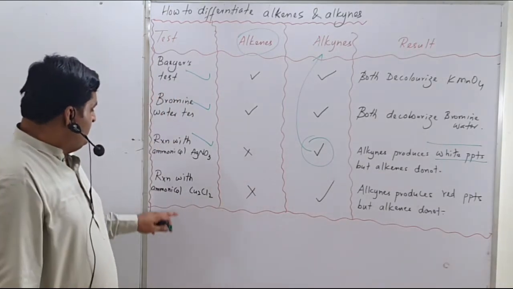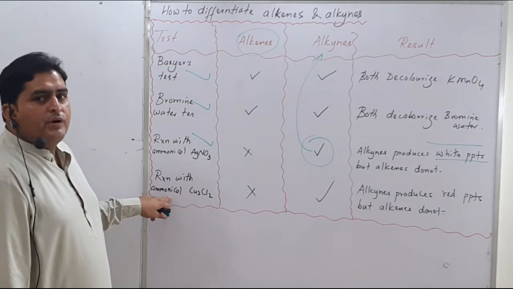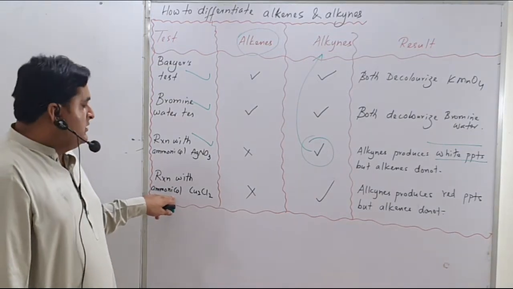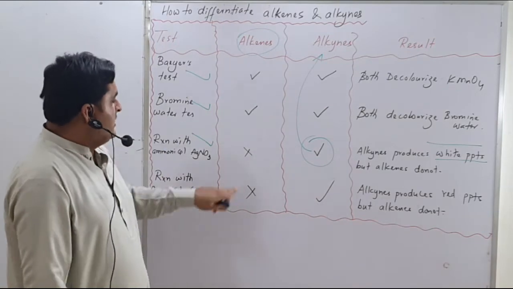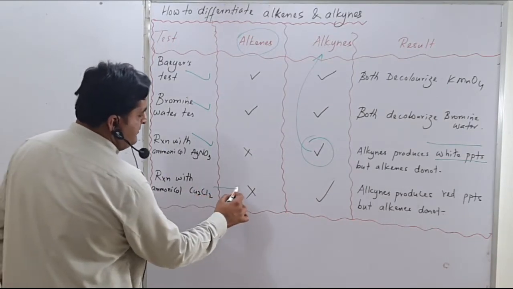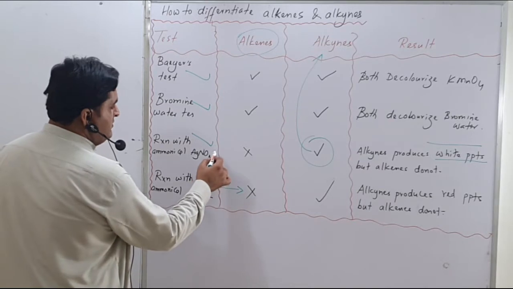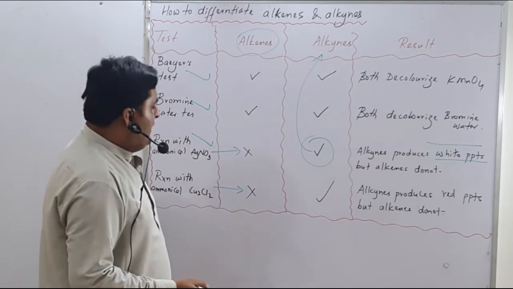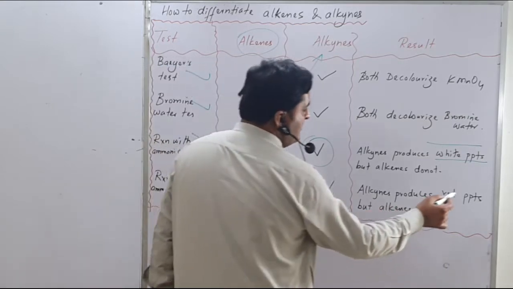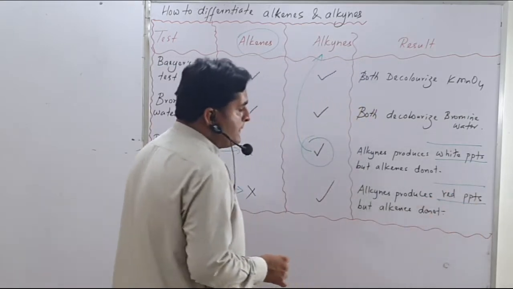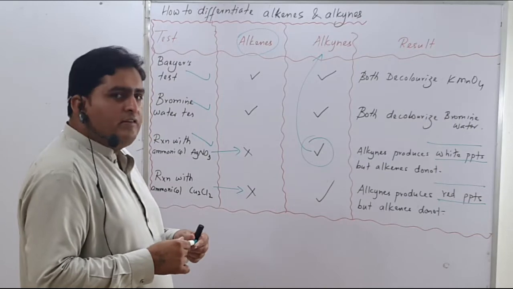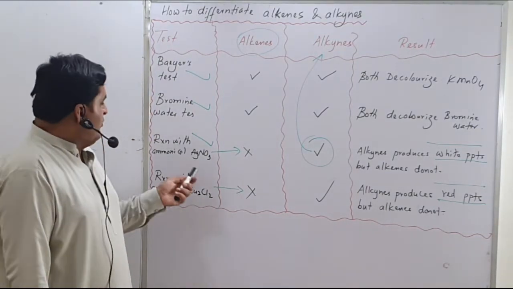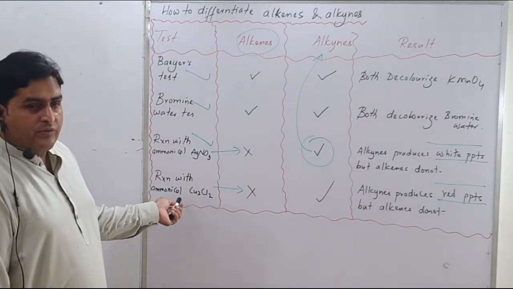For the same reason, if a compound is responsive to ammoniacal cuprous chloride, the compound is an alkyne. Alkene is irresponsive to ammoniacal silver nitrate as well as ammoniacal cuprous chloride, while alkynes produce red precipitates with ammoniacal cuprous chloride.